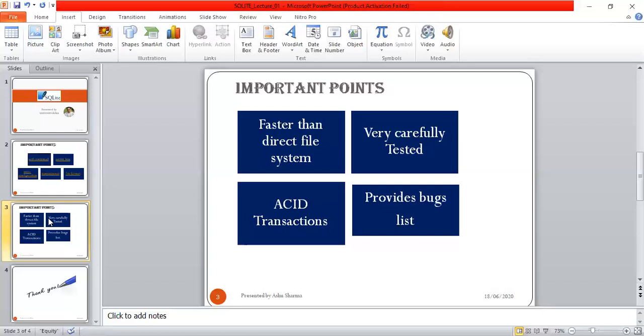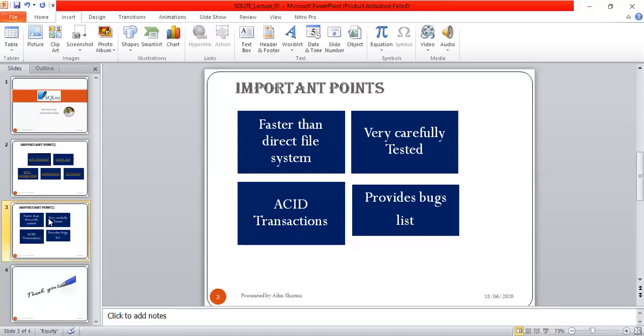The next point is that it provides a bugs list. It is just having the testing scenarios and all sorts of things. So it provides bugs if there is any error or any behavior that is not desirable happening during the whole process of a successful transaction and database consistency.